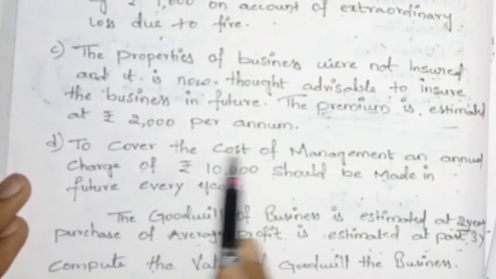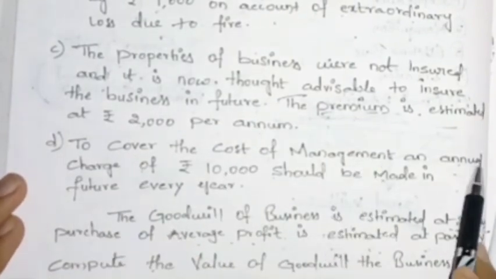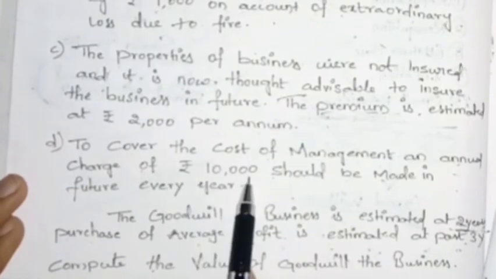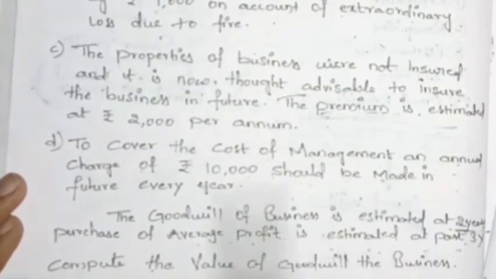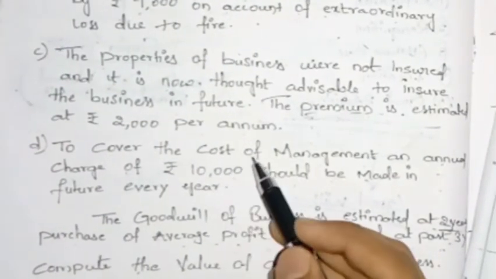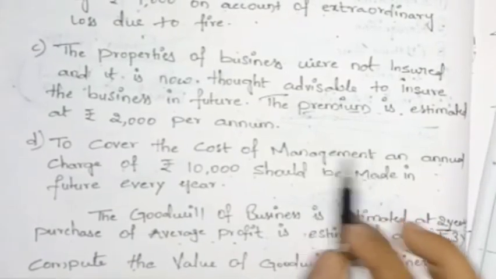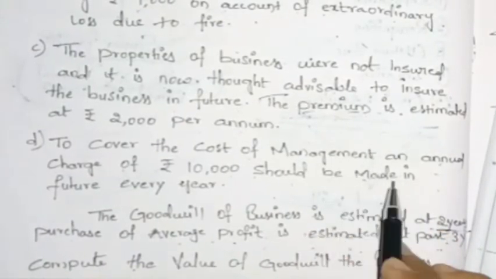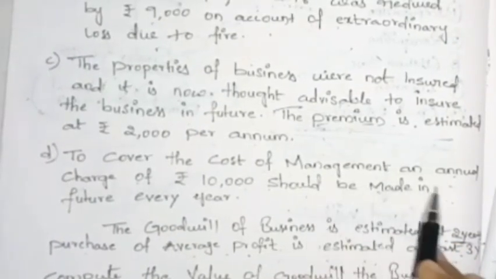And then we have the fourth adjustment. To cover the cost of management, an annual charge of 10,000 should be made in every year. Okay, so now this is also a cost. It's an expense of management in future, right? It is a future expense, a normal expense which will arise in future.